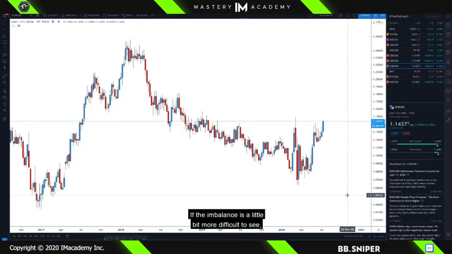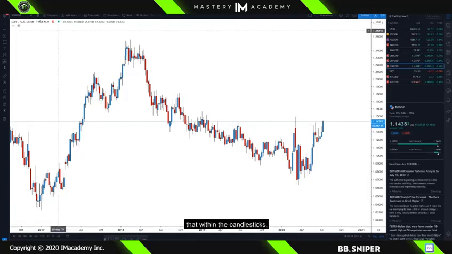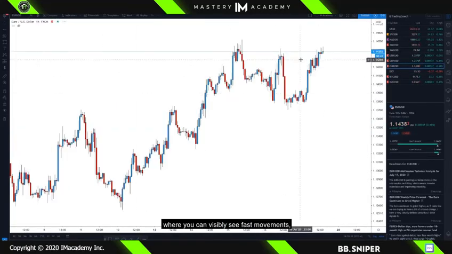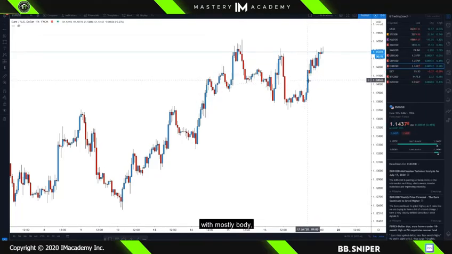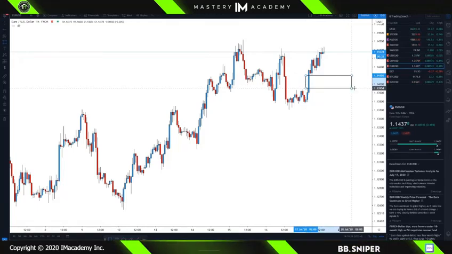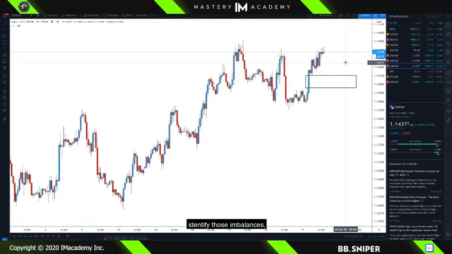If the imbalance is a little bit more difficult to see with your two eyes, realize that within the candlesticks, where you can visibly see fast movements with mostly body and very little wick, you can still identify those imbalances with the expectation that eventually they're going to be filled in.